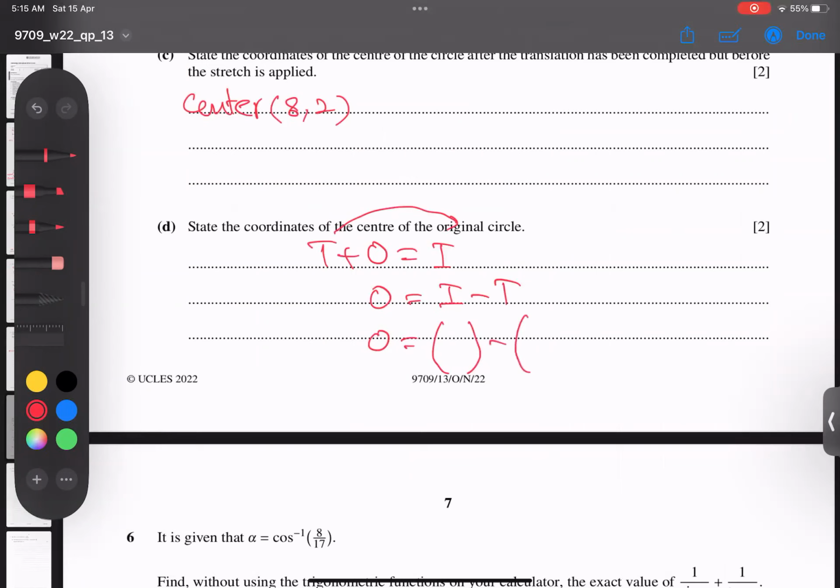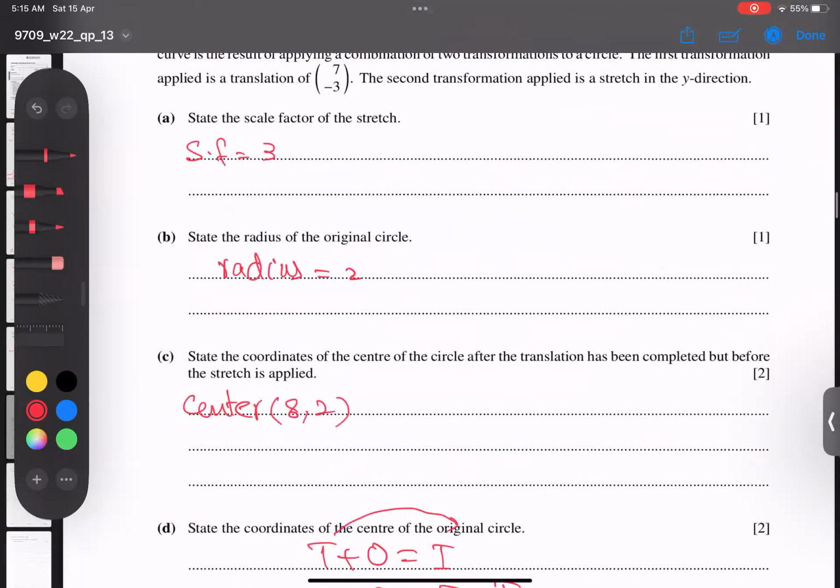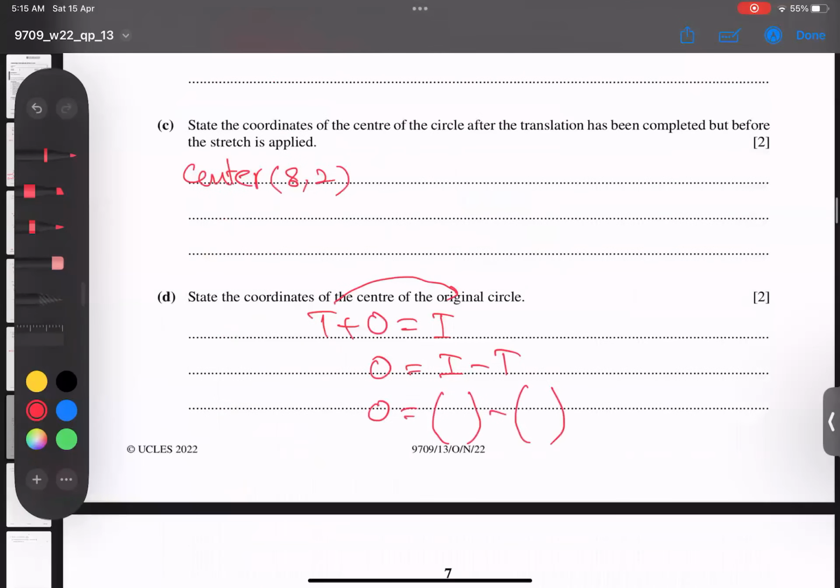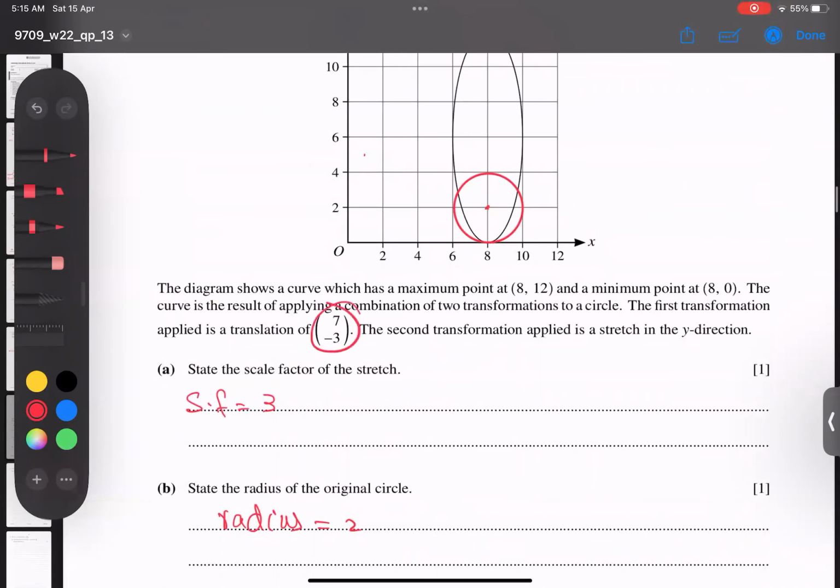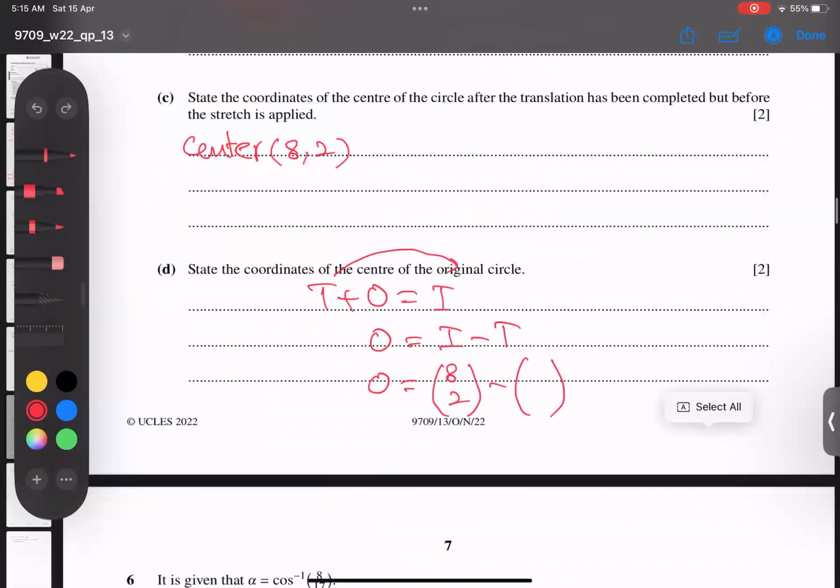Image. And what does T stand for? Translation vector. And the image coordinate you know very well, you wrote already here, 8, 2. So 8, 2, and the translation we got here, 7, minus 3. If we solve it, 8 minus 7 gives you 1. And here I'm getting 5.